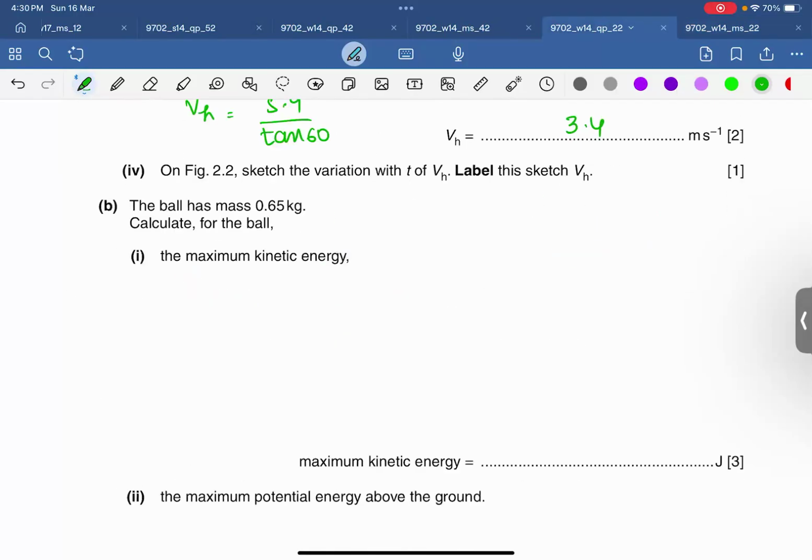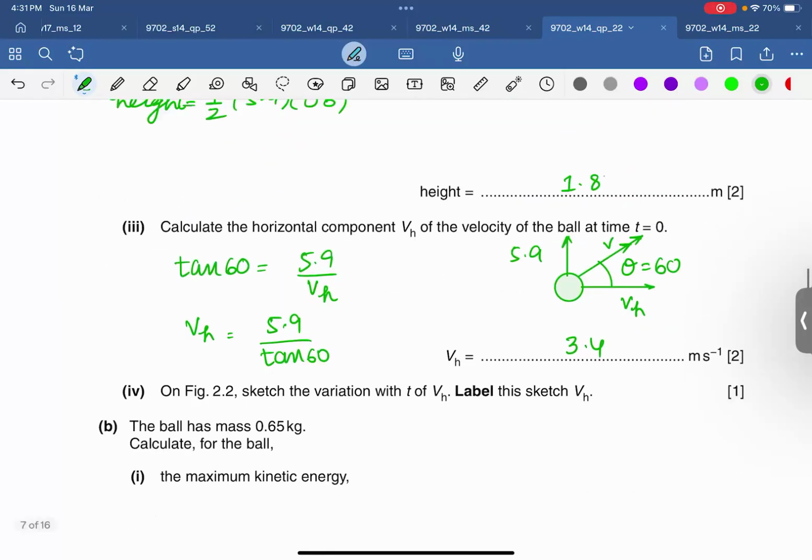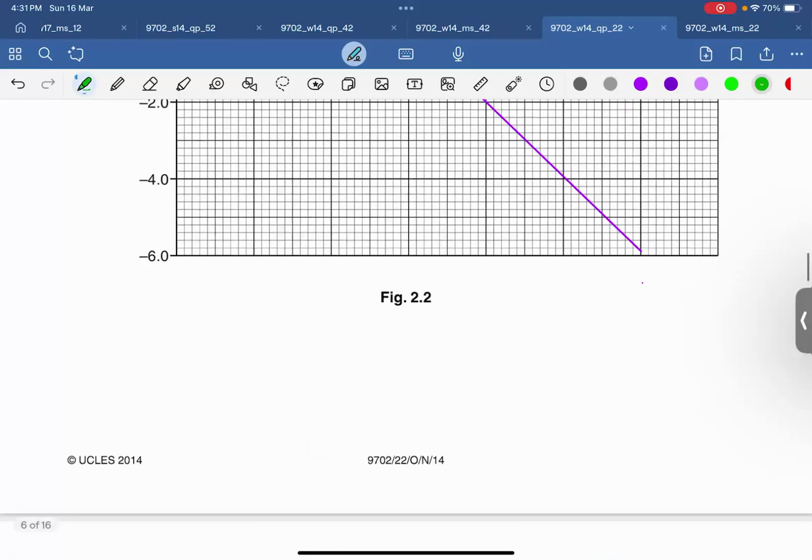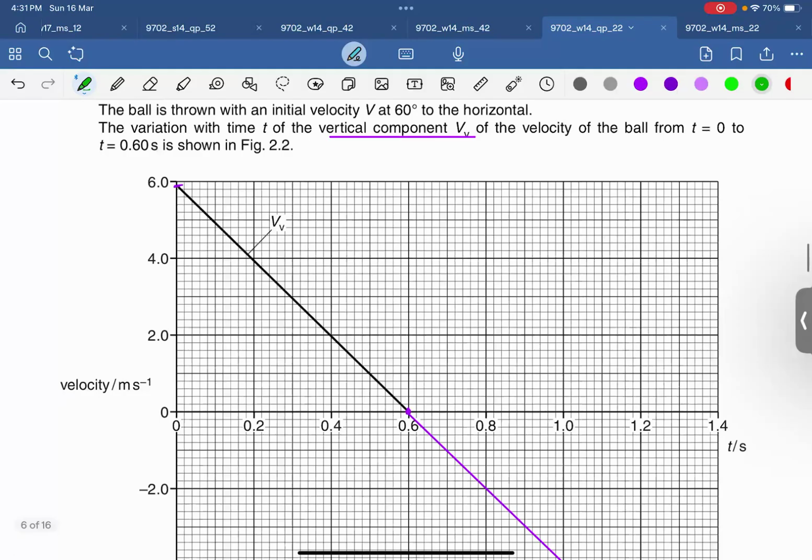On figure 2.2, sketch the variation with t of VH. Label the sketch VH. How will it be? So at 3.4, just draw the horizontal line.